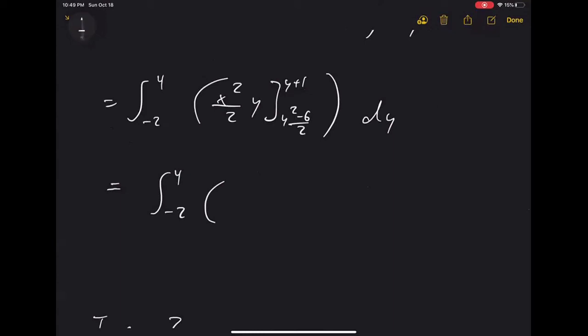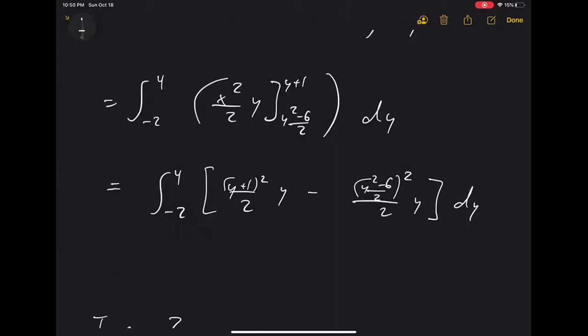So let's see, I have y plus 1 squared over 2 times y minus y squared minus 6 over 2 squared over 2 times y. So this looks a little ugly. And then I would integrate that with respect to y.